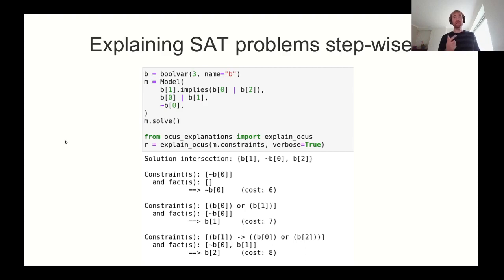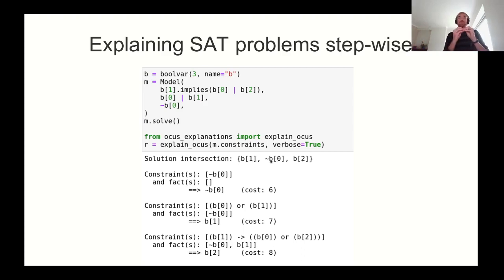Now, the way that we actually use it in that paper is to explain satisfiable problems step by step. So what does it mean to explain a satisfiable problem? This is, again, a small example. You have 3 constraints, and this one has a unique solution. The unique solution to this one is that B1 is true, B0 is false, and B2 is true.